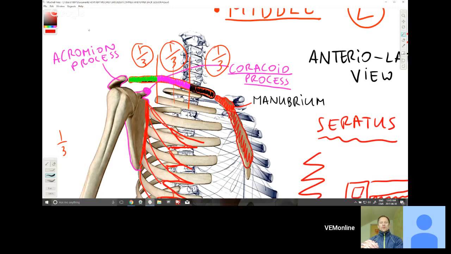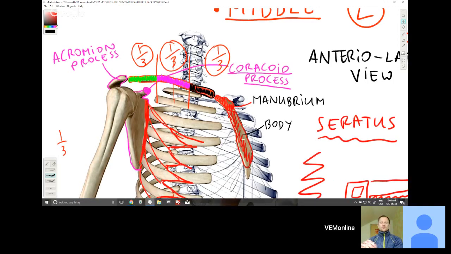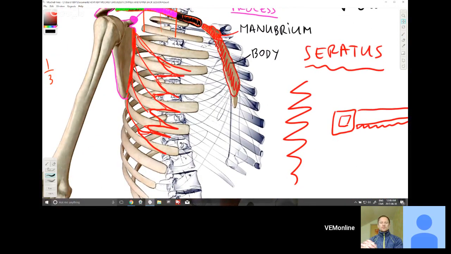Body of the sternum, right? And this little nib here, this little guy at the end here, is called the xiphoid process.